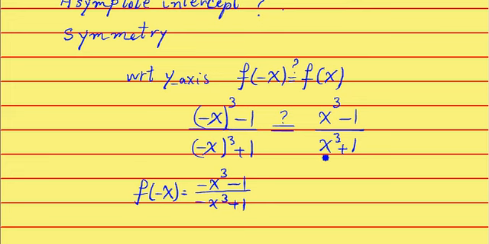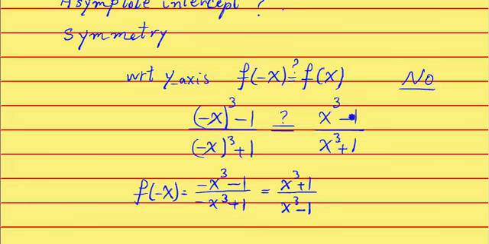If you try to manipulate by multiplying by minus, all you get is that both items in the numerator are positive and the denominator becomes like this. So f of minus x is the reciprocal of what you had to begin with. It's an interesting relationship, but it's not the same thing. So are they the same? The answer is no, they are not the same, and we don't have such a symmetry.